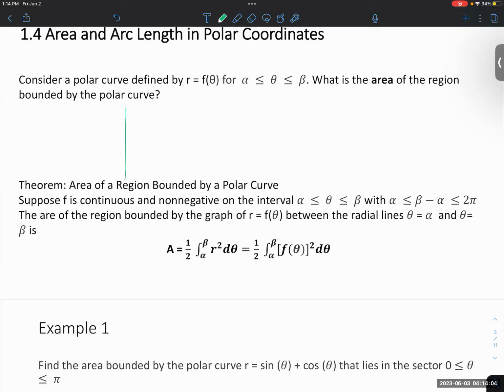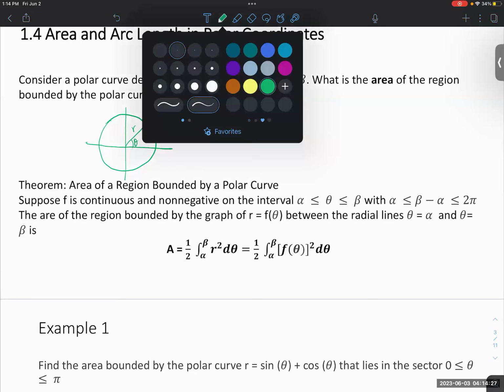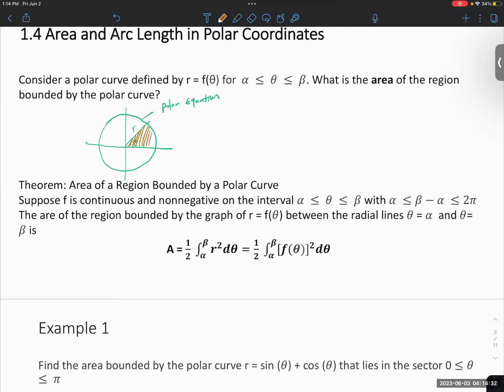Let's say you have a polar equation as a circle function, and I want to find out the particular area from the radius r and the angle theta. I want to find out this area. You see that? I'm going to change the color. I want to find out this piece, this sector of this polar equation.